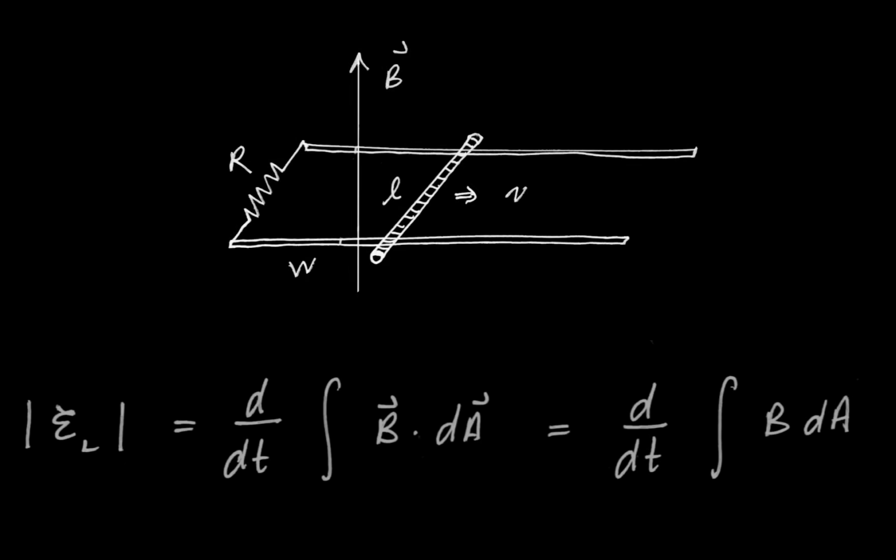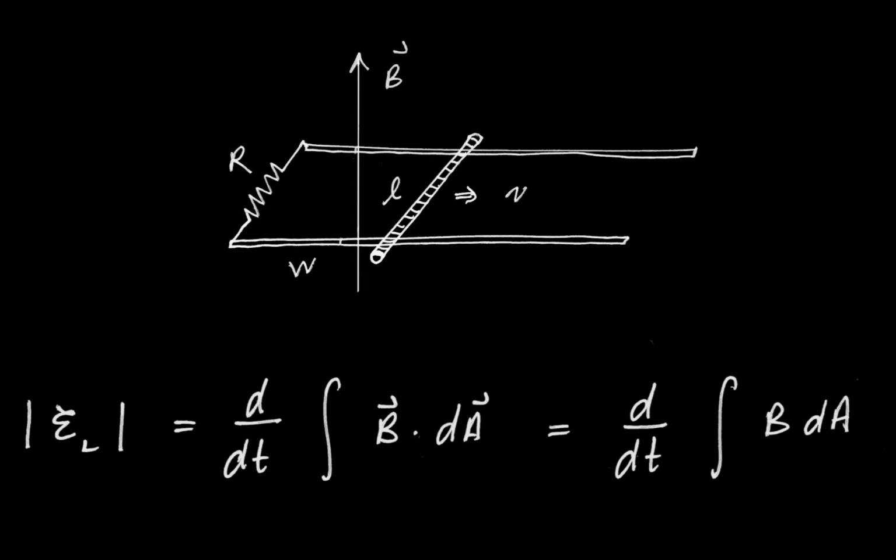And so the EMF induced is going to be equal to, you know what, I'm going to go right for the magnitude this time, and to hell with the negative sign. The magnitude of the induced EMF is going to be the derivative with respect to time of the integral of the magnetic field dotted into the differential of area. But the magnetic field is perpendicular to the area. And when I'm performing the integral, I don't care about the time dependence of the area.